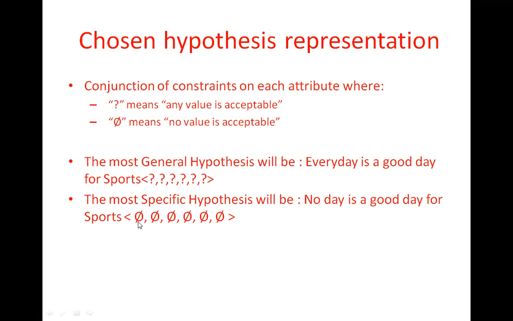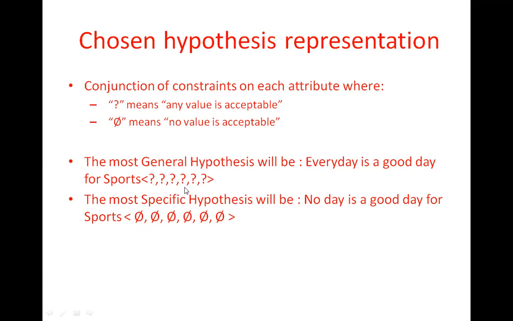This phi indicates it will not accept any value. The question mark will accept any value, and phi will not accept anything. Is it clear? So phi indicates nothing. This all-null hypothesis is the most specific hypothesis. This all-question-mark one is the most general hypothesis.